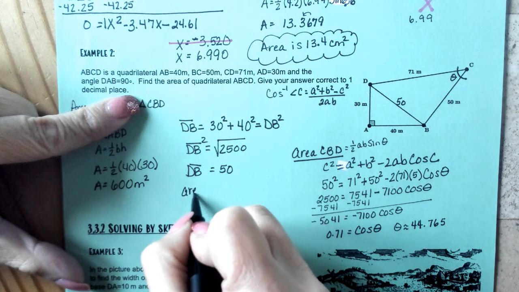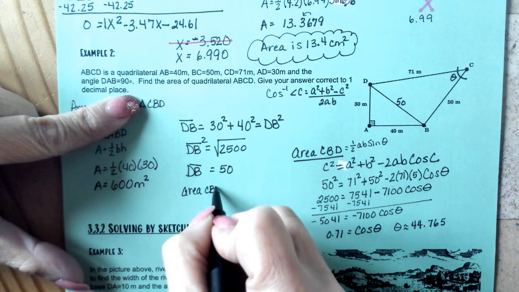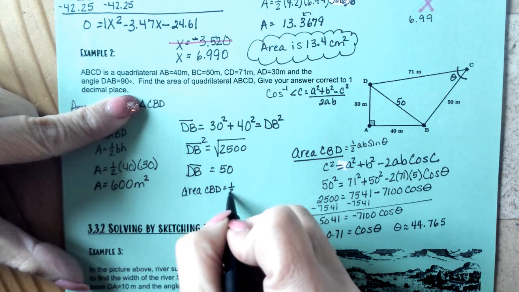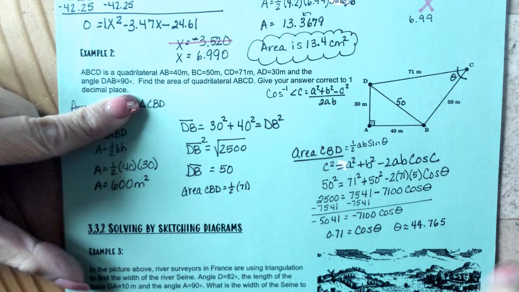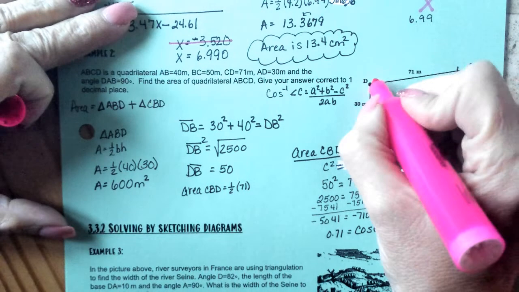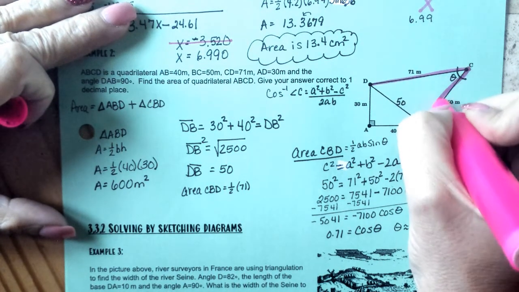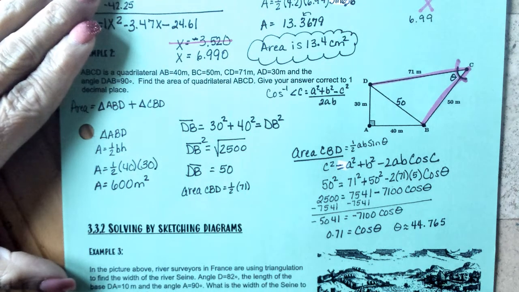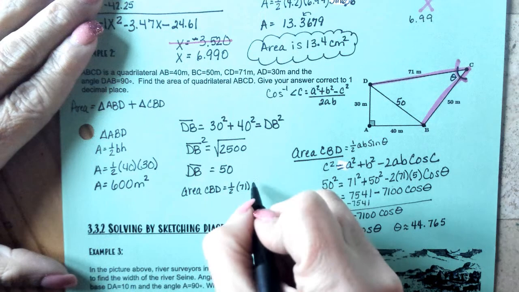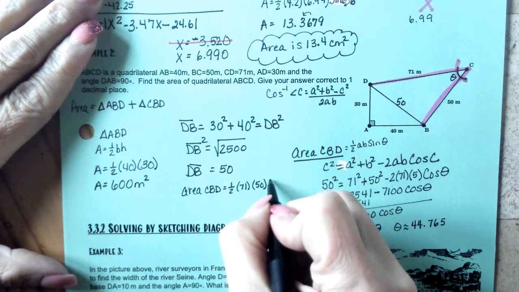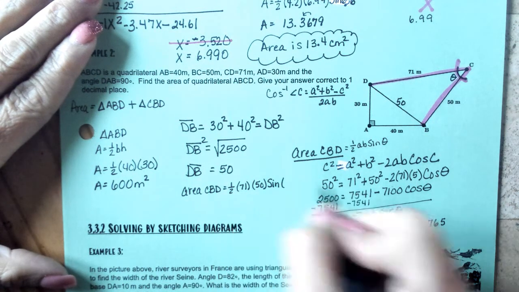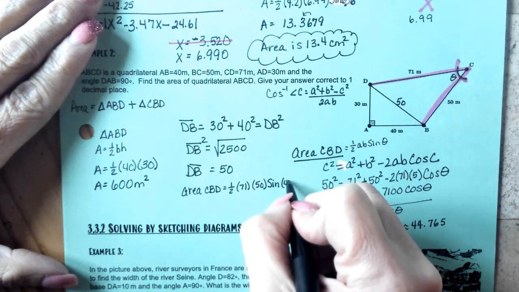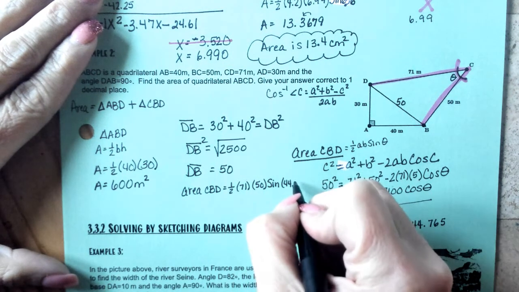The area of CBD equals 1/2 A. And remember, when we do this, it's going to remind you you're using this right here. Sides have to be touching the angle. 1/2 times 71 times 50 times the sine of this right here, 44.765.